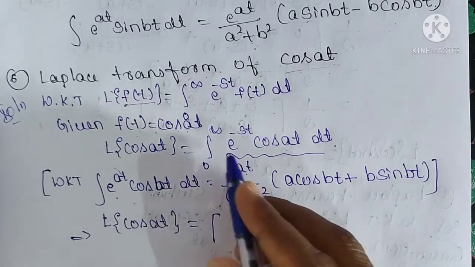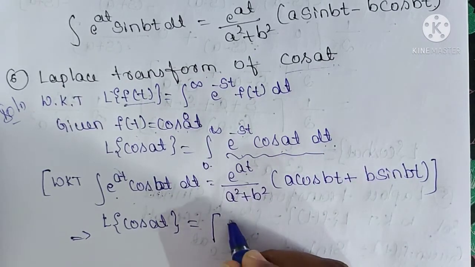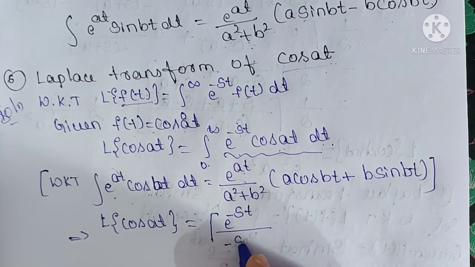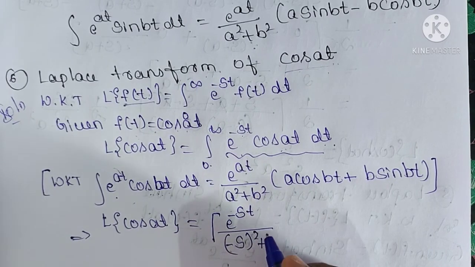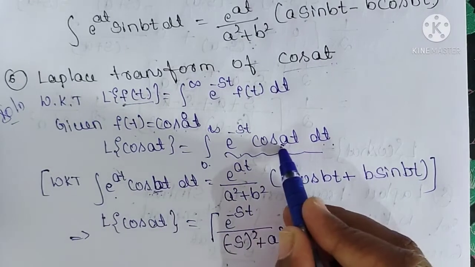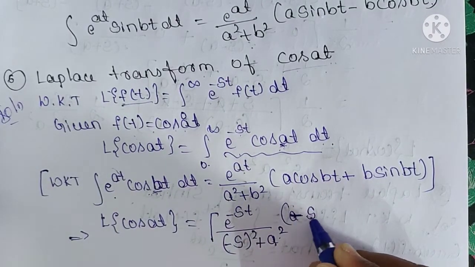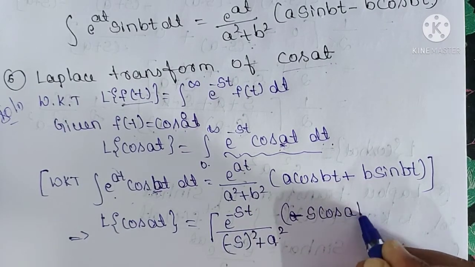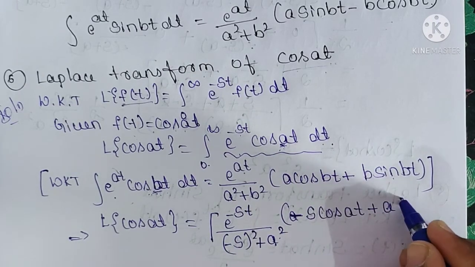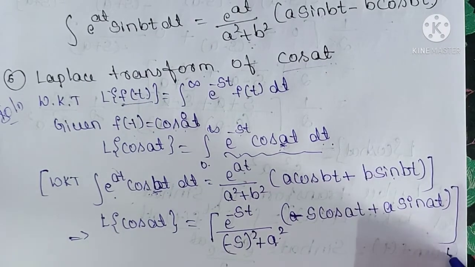Then the integration from 0 to infinity of e power minus st cos at dt is e to the power of minus st divided by, here a is minus s whole square plus, in place of b, a square, times, in place of a, minus s cos of, in place of b, at plus, in place of b, a sin of at. The limits are 0 to infinity.